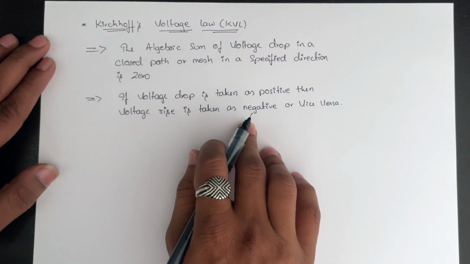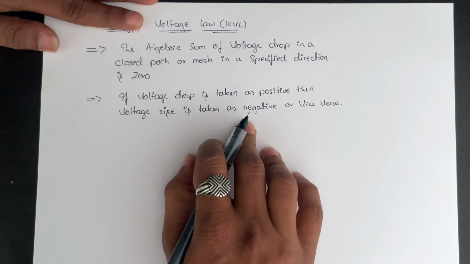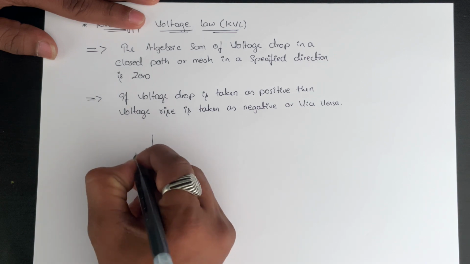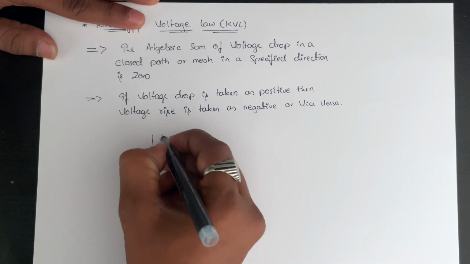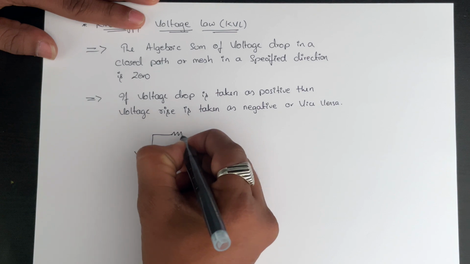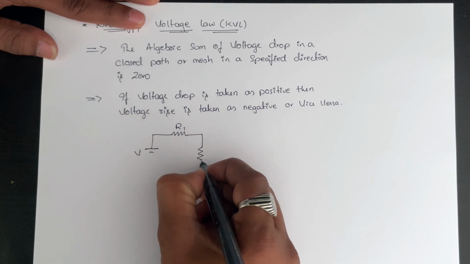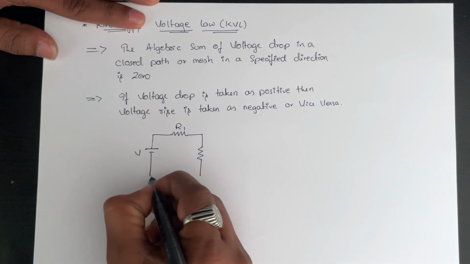To understand this, let us consider a simple network where a voltage source V is connected with resistors R1 and R2.